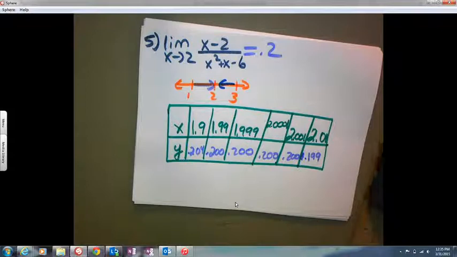Because the limit from this side is 0.2, getting closer to 0.2. This is the left limit from this side.